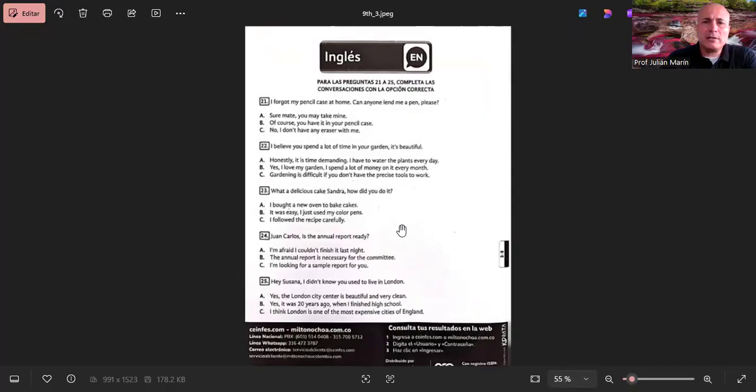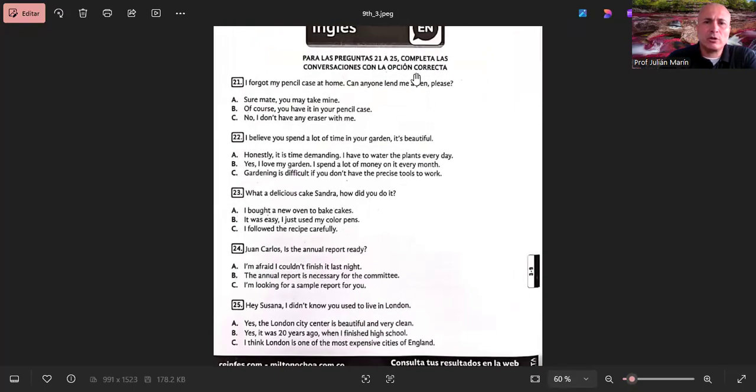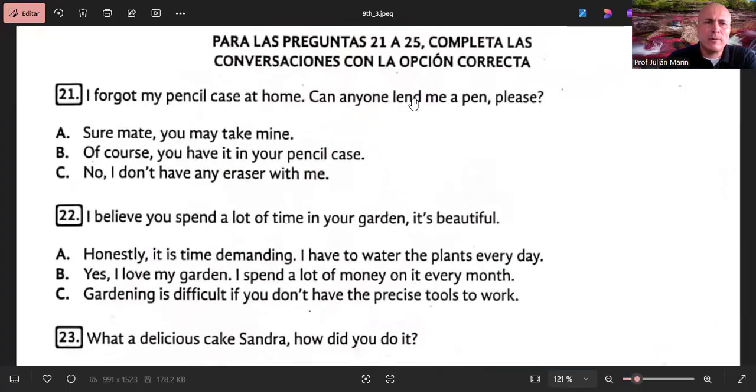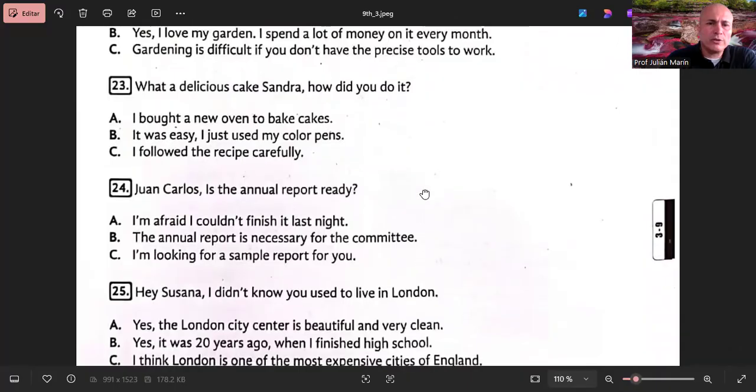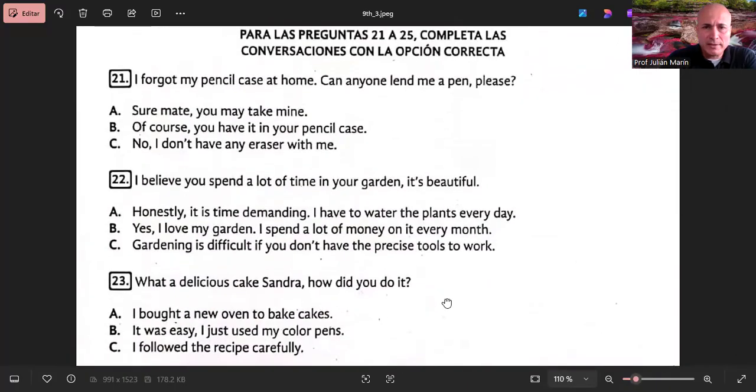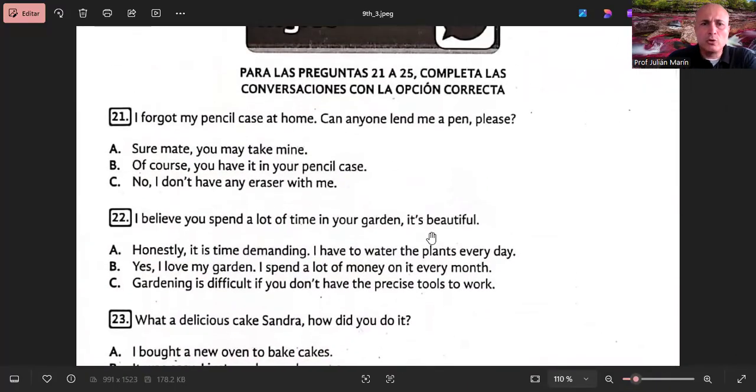So in this case, right here, they give you some instructions on the top. And then you can see that all the questions have the same nature. What is that? We need to complete a conversation, either answering a question or giving a response to a comment. So for that, coherence is extremely important.